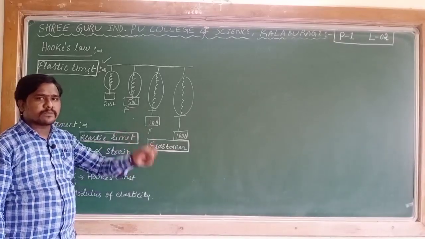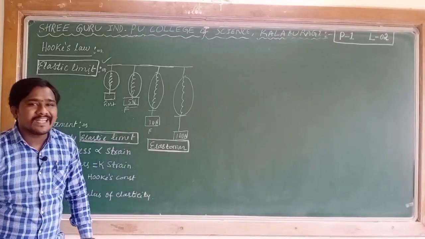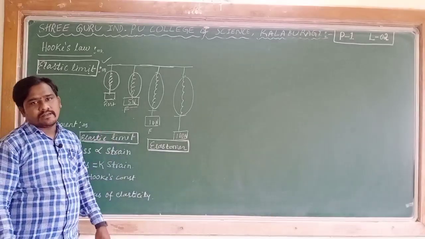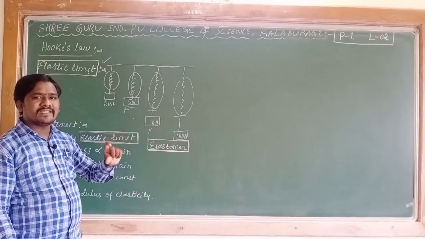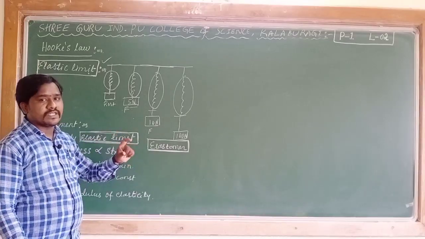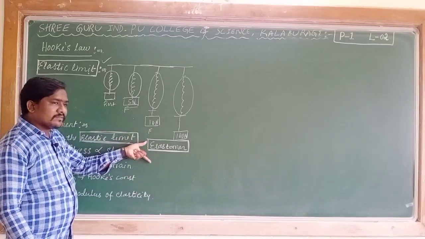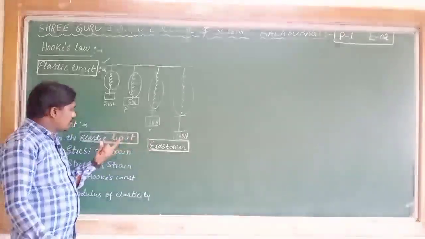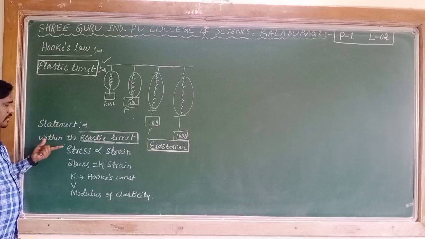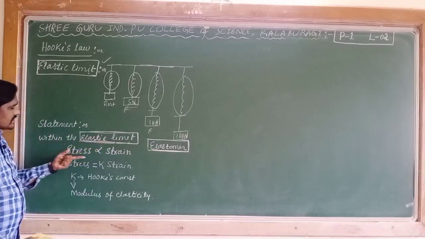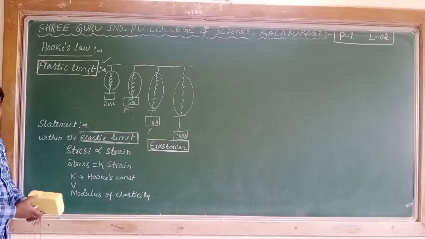Rubber also has a stretching property, but it does not regain completely. A little bit of amount is decreased or increased in its length as compared to the original. The elastomer is the material which does not obey Hooke's law. The statement of Hooke's law is, within the elastic limit, stress is directly proportional to strain.